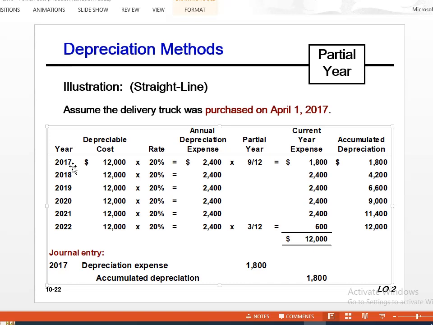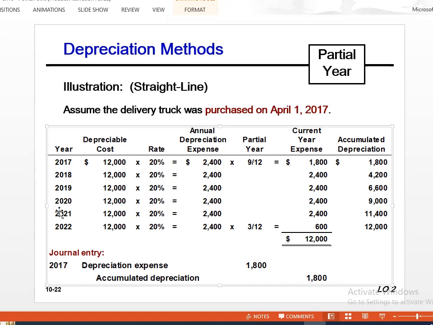Then the third year starts April 1st, 2019, and it ends on March 31st, 2020. Then the fourth year starts on 1st April 2020, and it ends on March 31st, 2021.